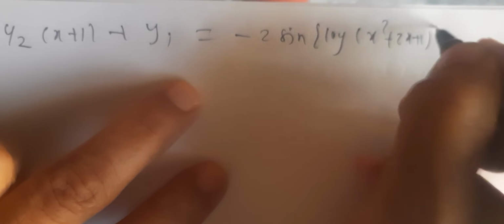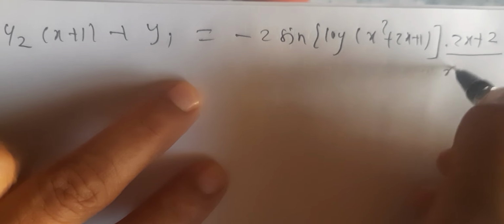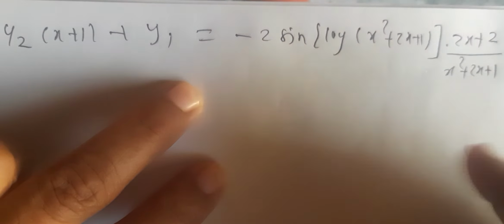Whatever we have obtained, now I will rewrite the previous step. In the previous step, y2 into x plus 1 plus y1 is equal to minus 2 sine of log of x square plus 2x plus 1 into 2x plus 2 upon x square plus 2x plus 1.